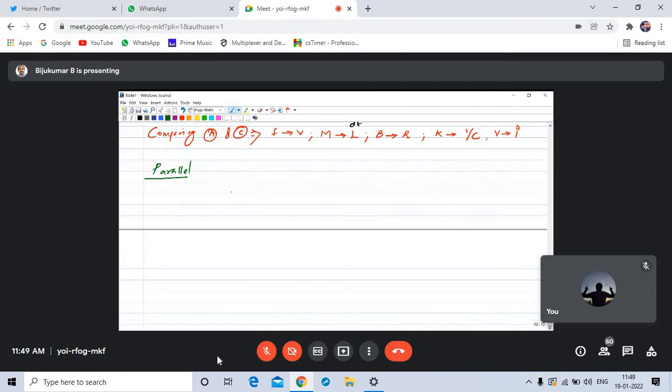So suppose I have this resistance R, inductance L, capacitance C, and there will be a current source I, and if I am connecting all in parallel, and since it is parallel, the voltage is common, let it be V plus or minus.